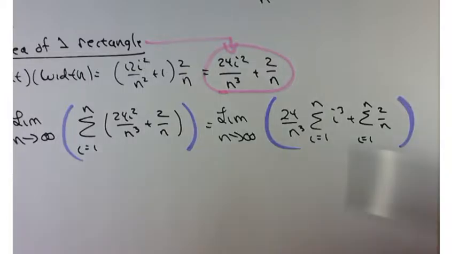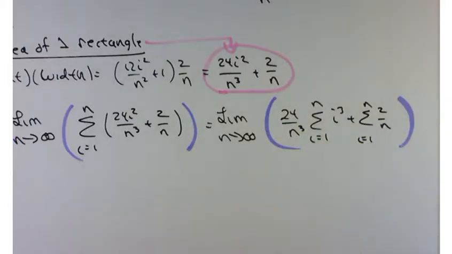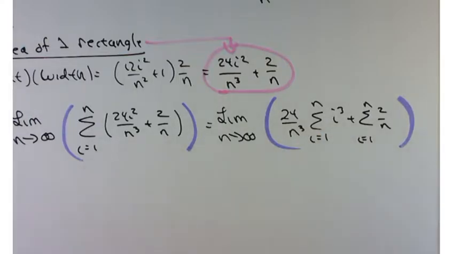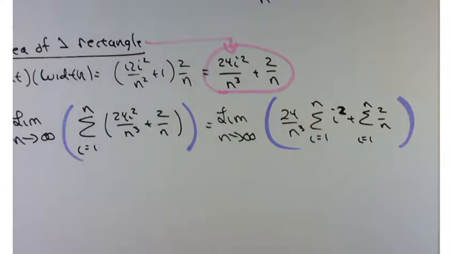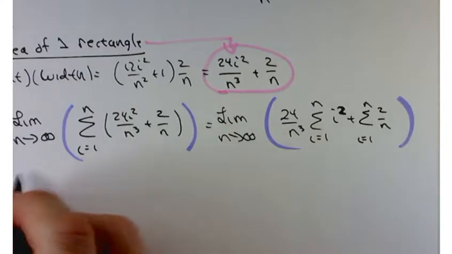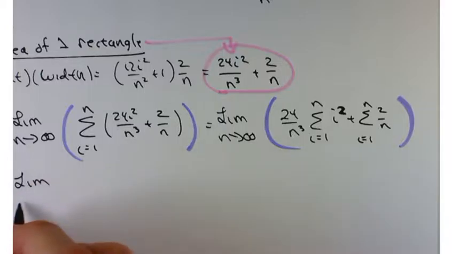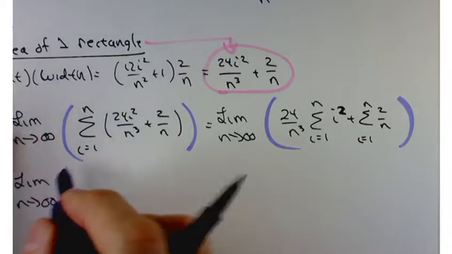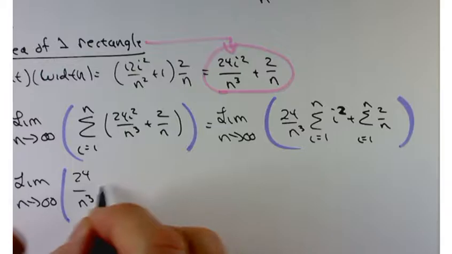And the nice thing is that I can replace some of this with some formulas. I can keep on simplifying these expressions. i squared. Thank you. So let's work with these formulas here. It's going to be the limit as n approaches infinity of 24 over n cubed.